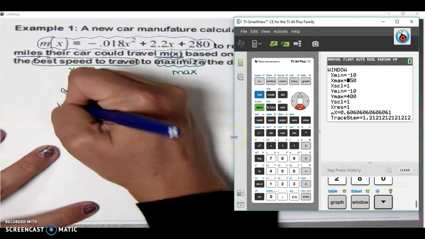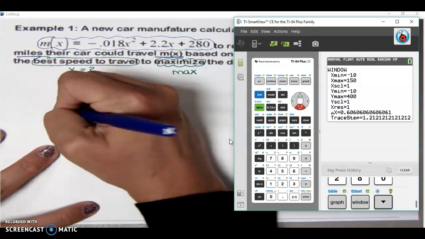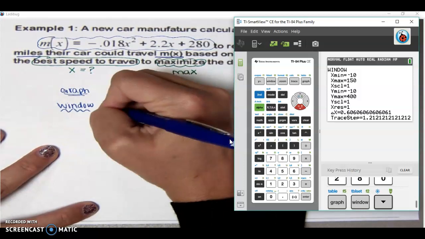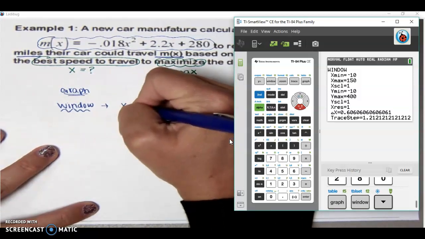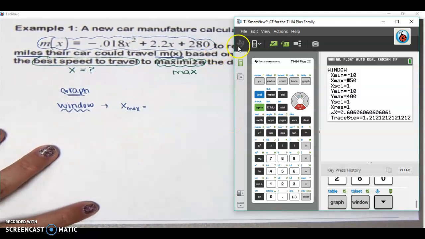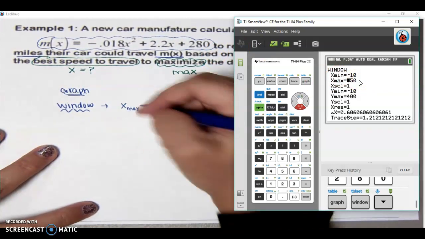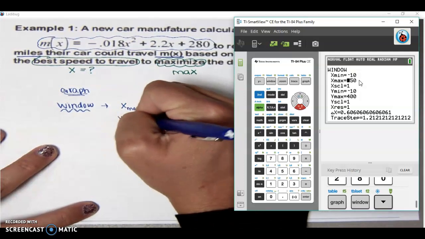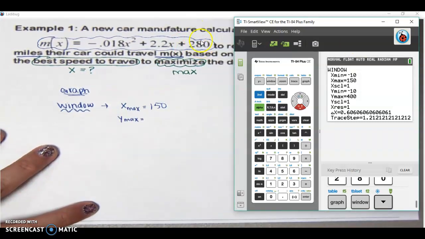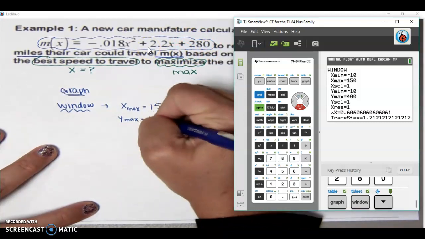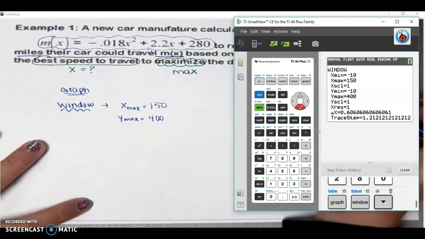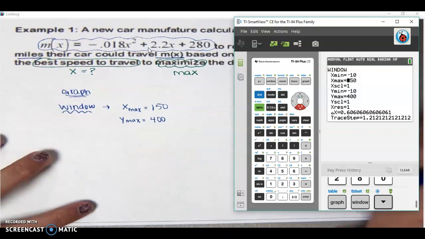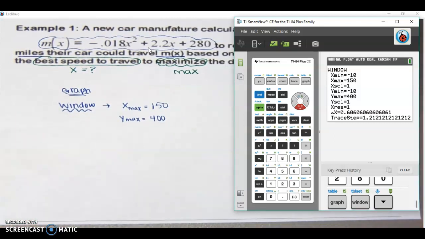For your window, I changed my X max to 150 because when I started graphing, it didn't show up. And then my Y max, if you see how we have this 280 here, it needs to be something bigger than that. So I just changed it to 400. Now sometimes you're going to do this and it's not going to work and you're going to have to start over, and that's perfectly fine. But if you change it to that, it will work.